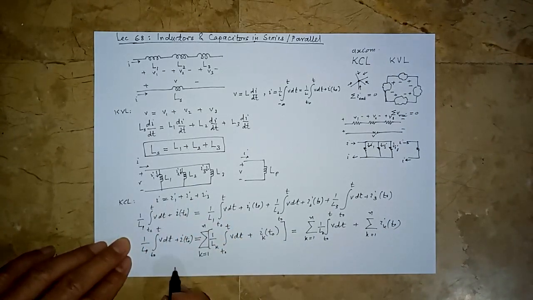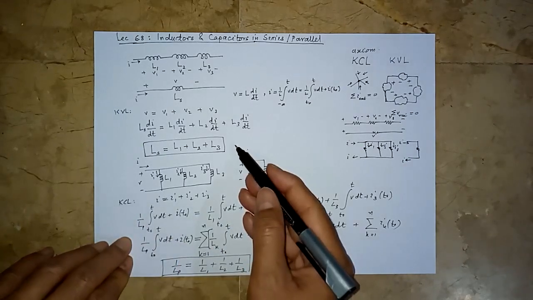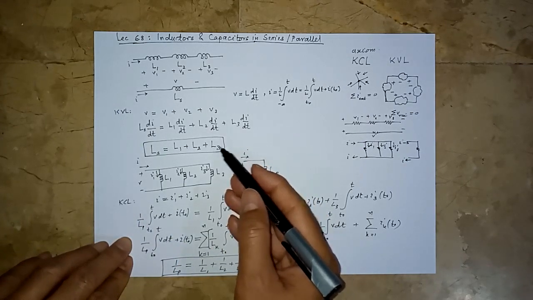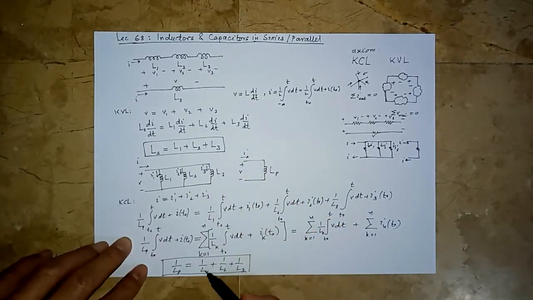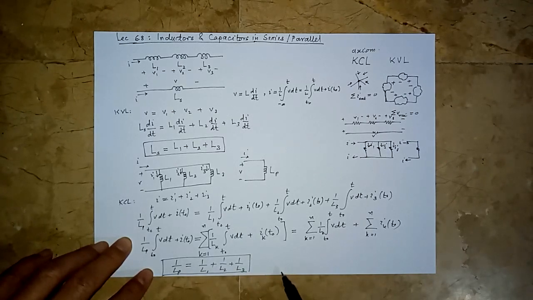So this necessitates that 1 over LP is equal to 1 over L1 plus 1 over L2, for the case of 3 inductors, plus 1 over L3. So in series, the equivalent is the sum of the inductances, and in parallel, the reciprocal of the equivalent is the sum of their reciprocals, just like the case of a resistor.